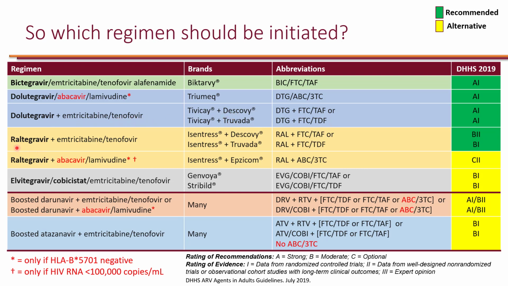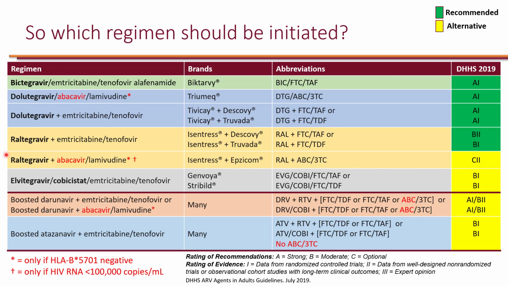Another option is raltegravir, which is an integrase inhibitor, plus a backbone of emtricitabine and tenofovir. And this is first line. You get 2 tablets. Now, if you wanted to use a different backbone that has abacavir, this is actually considered alternative.